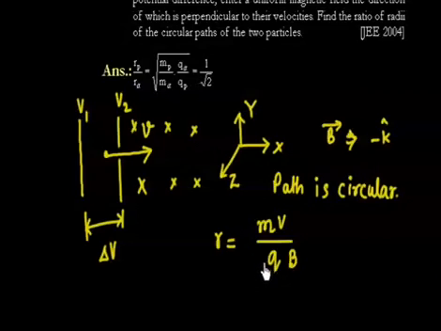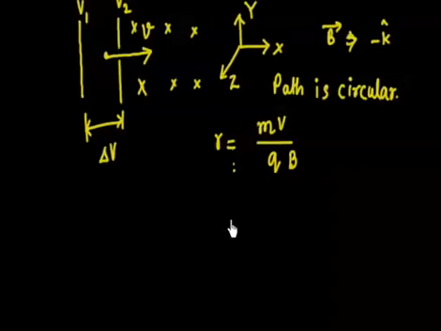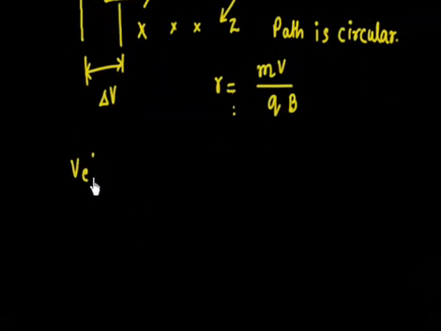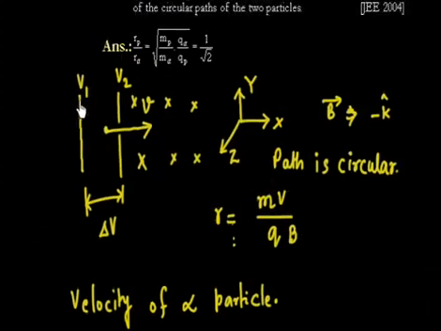What is the velocity of the alpha particle? You have one particle that is an alpha particle, another that is a proton. So let us first find the velocities of these particles. To find velocity, let us first do it for the alpha particle. If this goes from here to here, let us say this plate is at higher potential and this plate is at lower potential.